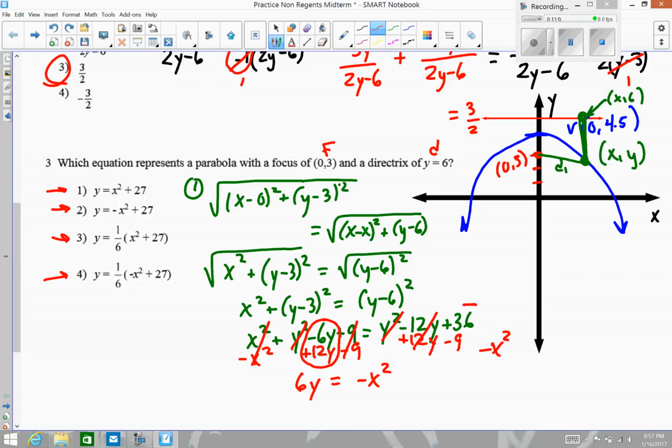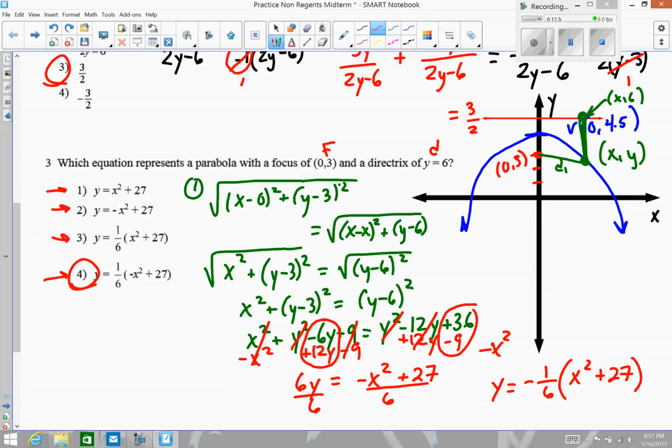And when I combine my 36 minus 9, we get a positive 27. Now I need to divide everything by 6. And I get y equals negative 1 6 times x squared plus 27, which is solution number 4.